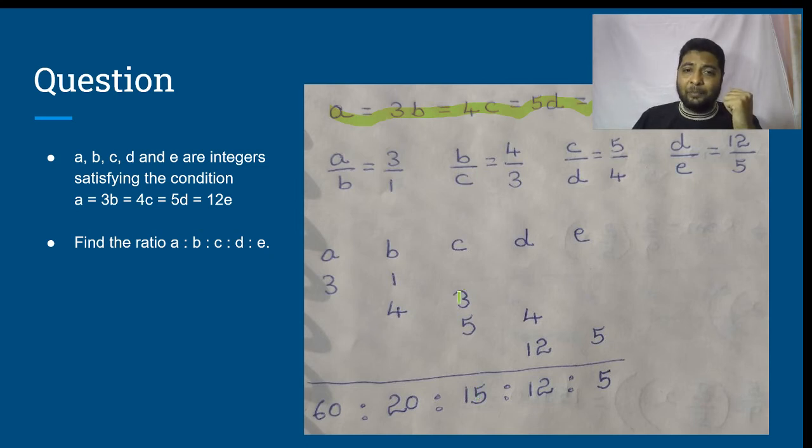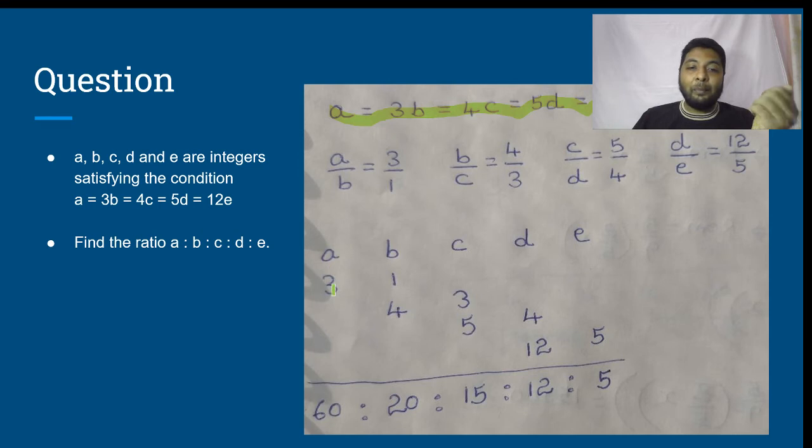Whenever C picks up 3, B picks up 4. C has picked up 3 how many times to make it 15? C has picked up 3 five times to make it 15. So B picks up 4 five times to make it 20. Whenever B picks up 1, A picks up 3. Given that B has picked up 20, that means 1 twenty times.